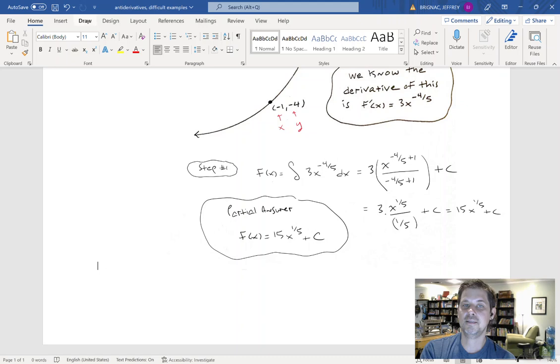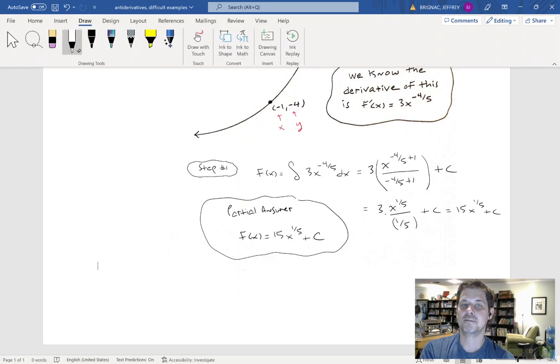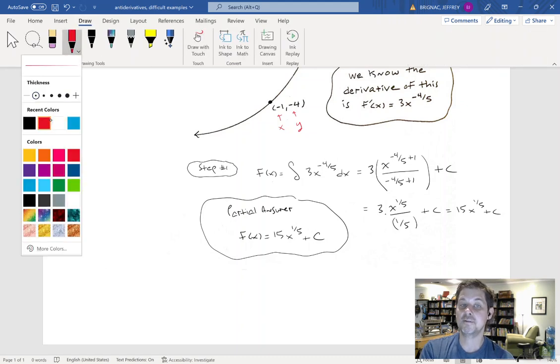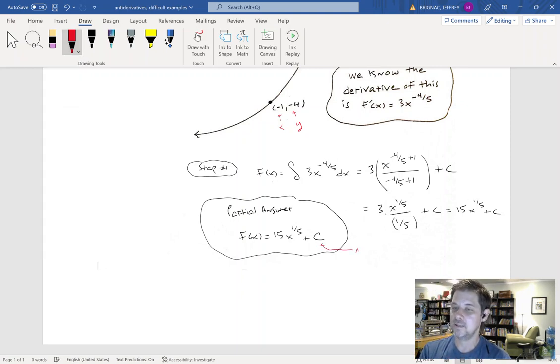Okay, so let's say that here's where we are now. We've narrowed it down. We've got a partial answer. Maybe we're almost all the way there. And now it comes down to this. What's this constant of integration?